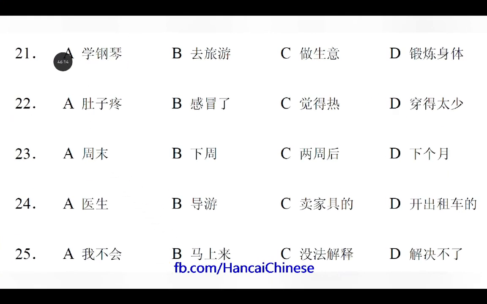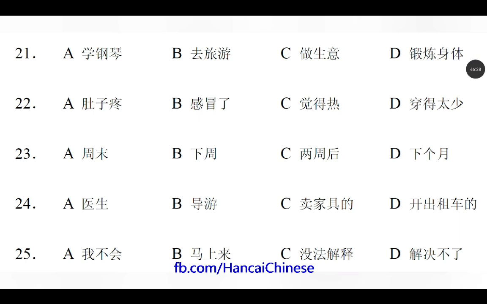Okay, first option is 谈感情, learn piano, and 去旅游 go travel, 做生意 do business, and 锻炼身体 means exercise.